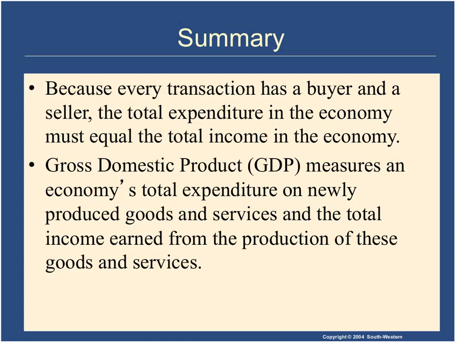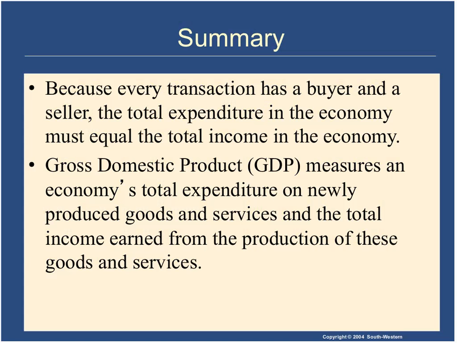So let's summarize what we have had so far. Because every transaction has a buyer and a seller, the total expenditure in the economy must equal the total income in the economy. Every transaction has a buyer and seller, meaning one side is buying, one side is selling.